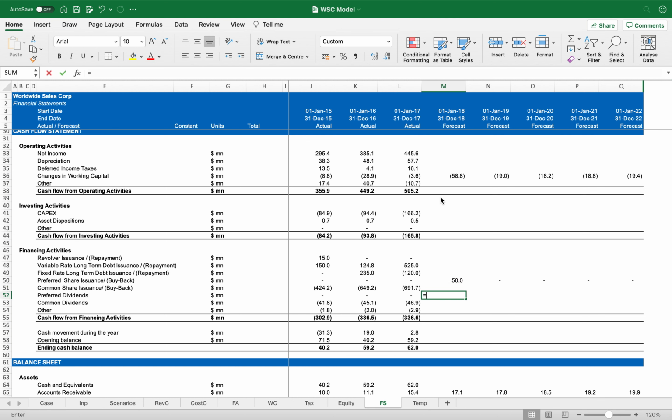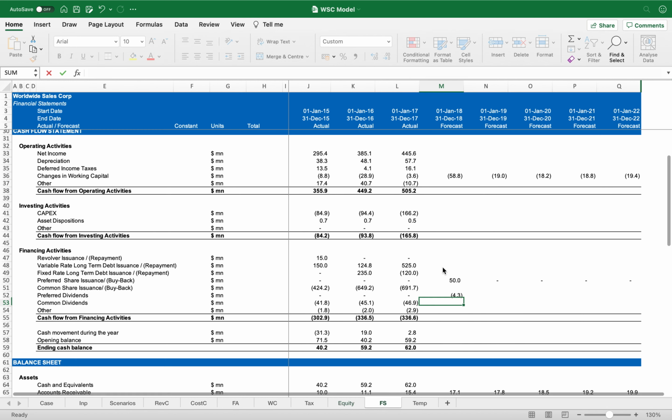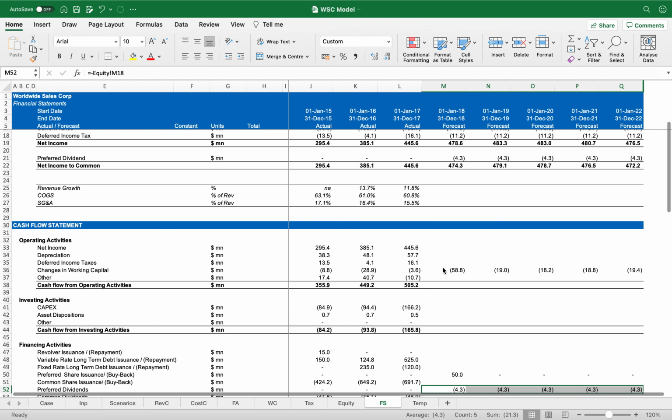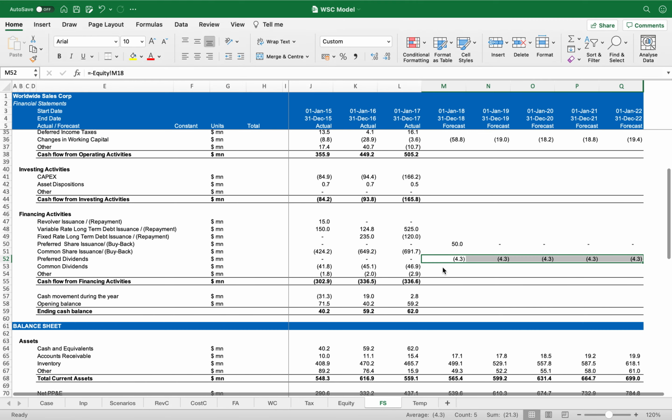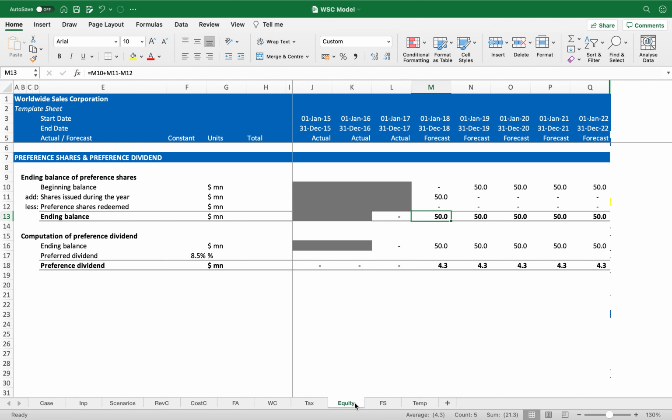Preferred dividends as an outflow in the financing activities. So I also have preferred dividends. That was all that I could have linked till now. Fair enough. Go back to the equity schedule. That's all regarding preference shares.